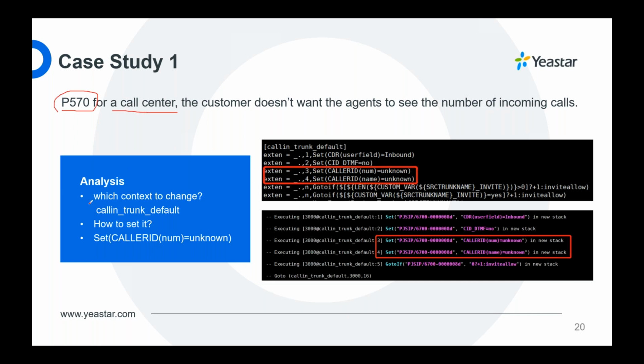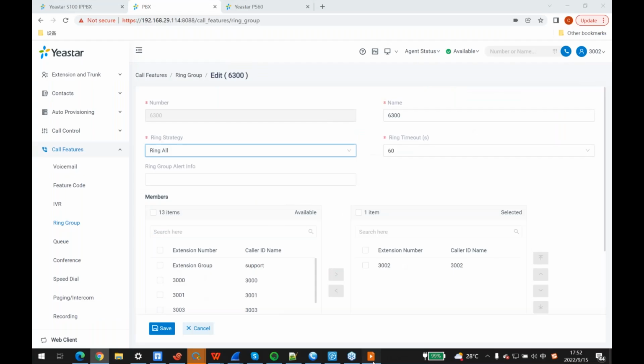Step one: which context to change. For the inbound call, for the caller number, we should change it as early as possible. Do you still remember the path?